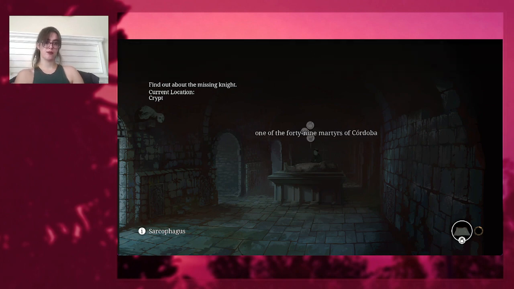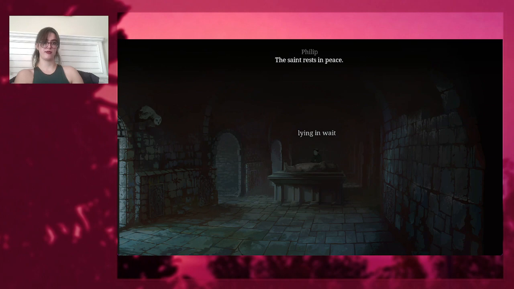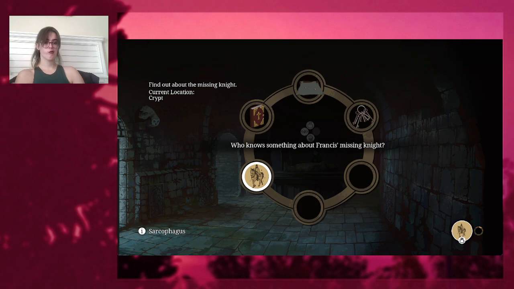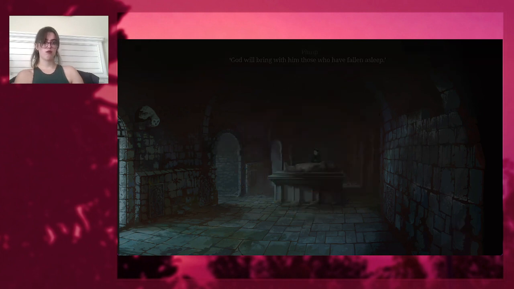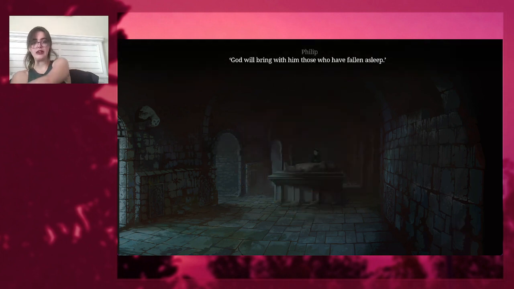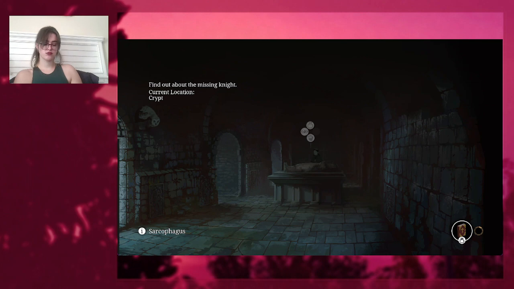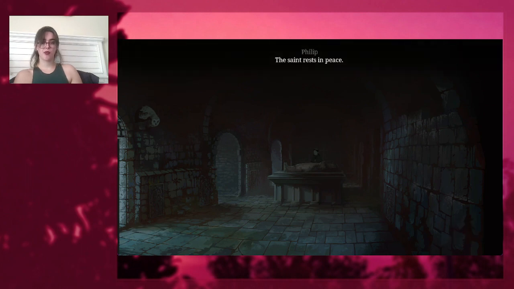One of the 49 martyrs. The saint rests in peace. God will bring with him those who have fallen asleep. The saint rests in peace.